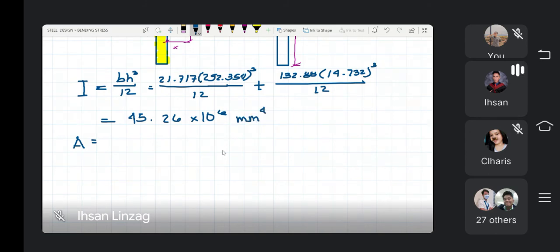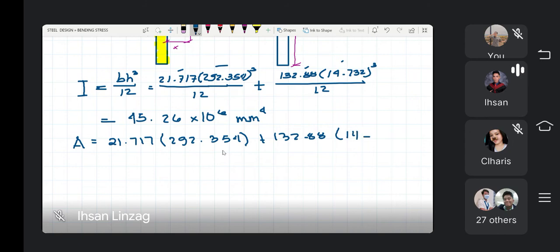So ang area natin, that is just base times height. So ang base natin sa ating flange is 21.717. The height is 292.354. And sa 1/3 naman ng half ng web is 132.88 times 14.732.